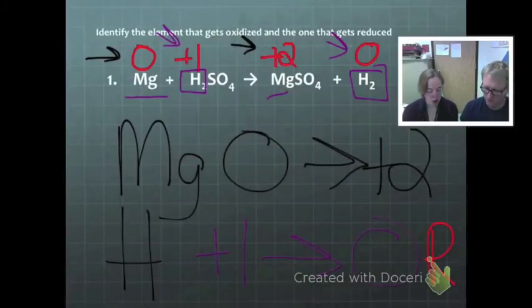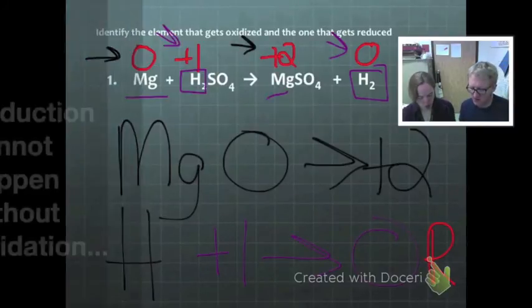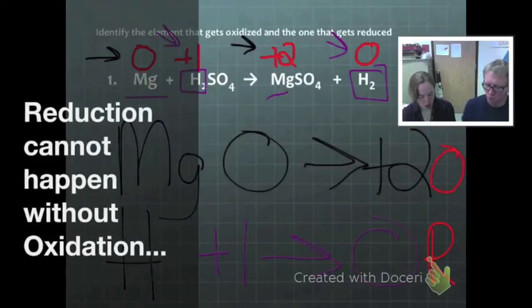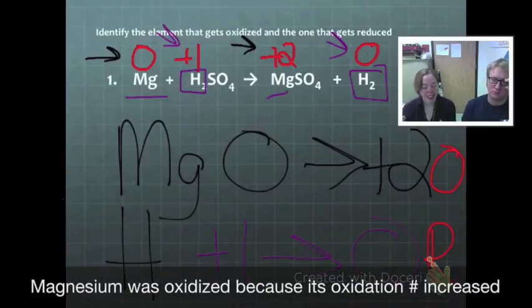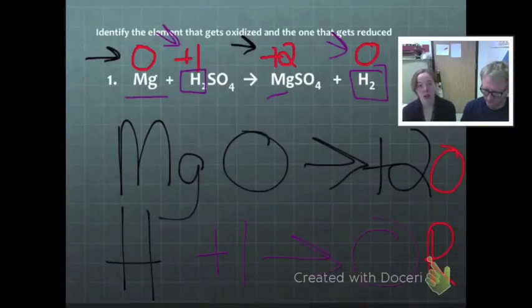So if hydrogen was reduced, what has to happen to magnesium? Since they have to be together, magnesium was oxidized. We also know that because our oxidation number went from 0 to +2, so it increased. The other way we know is that to go from 0 to +2, you've got to lose electrons, and oxidation is loss.